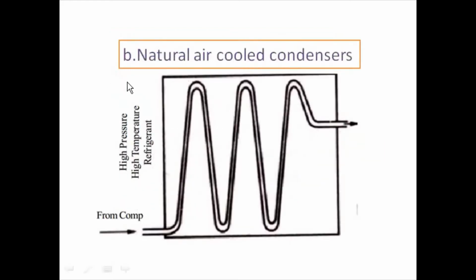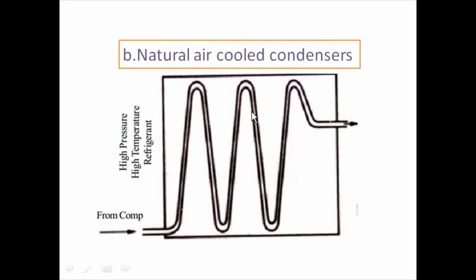Another type of air-cooled condenser is the natural air-cooled condenser. Here you see this is the inlet of the condenser. From the compressor, we know the refrigerant is at high pressure and high temperature, and it has to enter this condenser, and this is the outlet of the condenser.